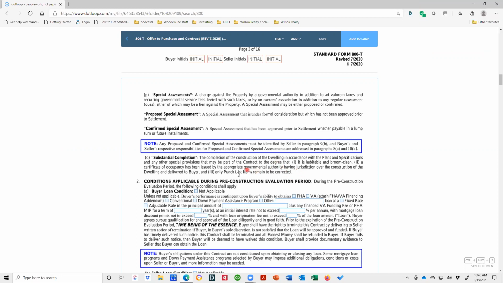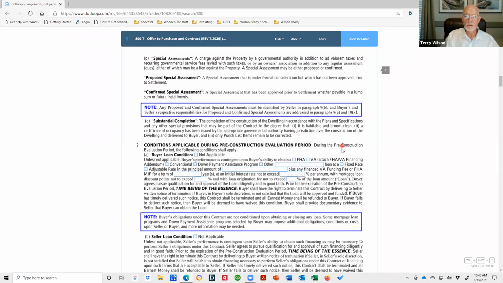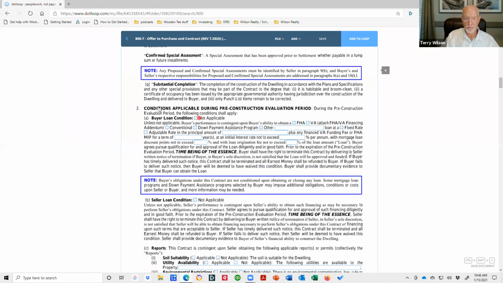Again, during the buyer's pre-construction period, the buyer is either going to want to get a loan, or it's not applicable because the buyer is not going to get a loan. They're paying cash. They're going to be buying the house cash. But if the buyer is going to get a loan to purchase the house from the builder, and again, I'm going to emphasize this, remember, the builder is financing the construction and the builder owns the property.